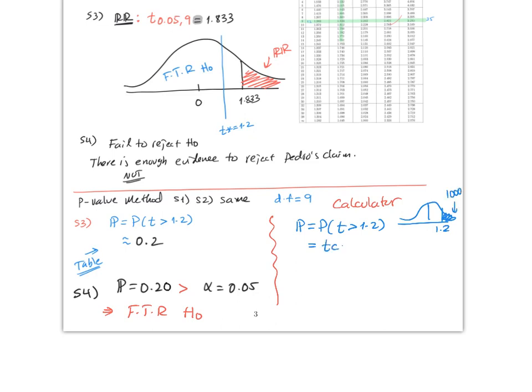So this will be tcdf. Remember that to get to tcdf, you go to second variables and just find tcdf. Make sure it's cdf and not pdf. The lower bound is 1.2. The upper bound is 1,000. And do not forget the degrees of freedom. You need this for the calculator, otherwise it won't work, or it will give you a different answer.